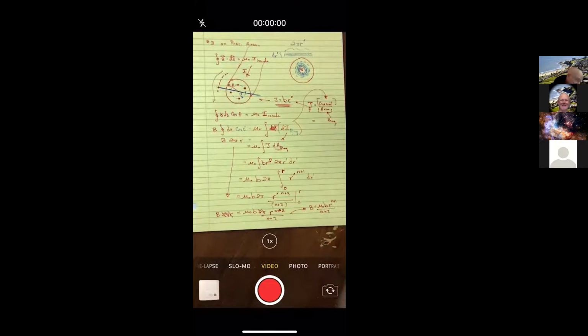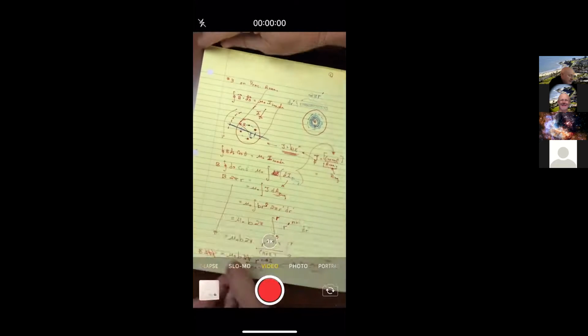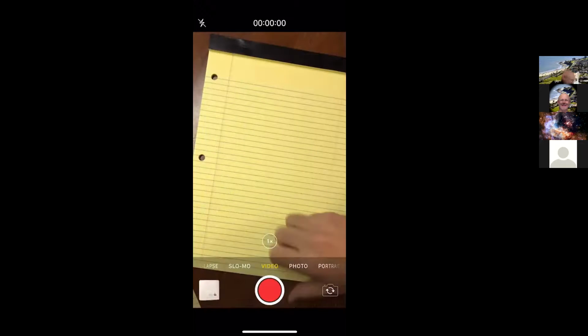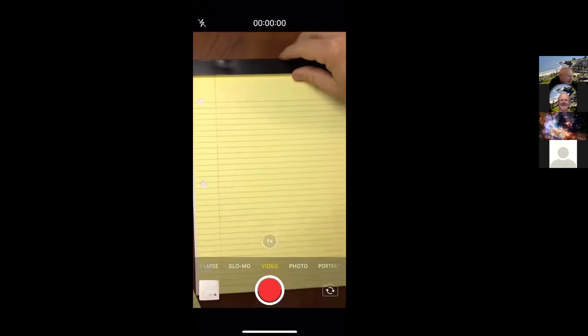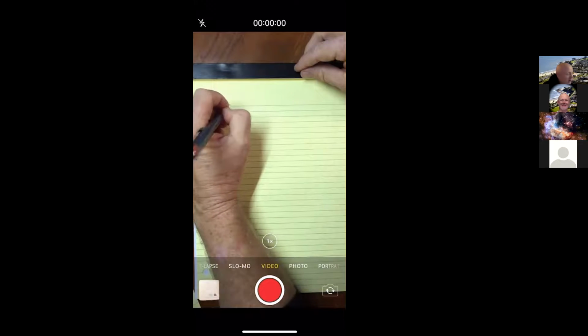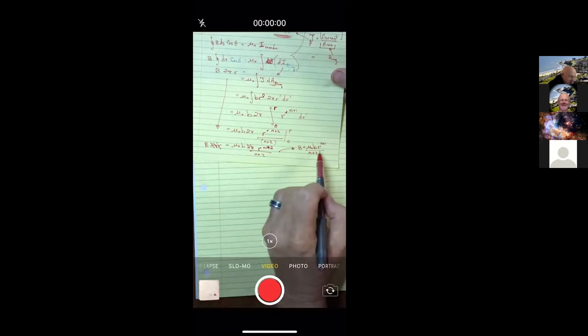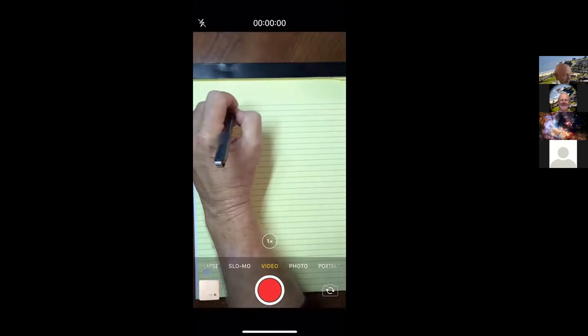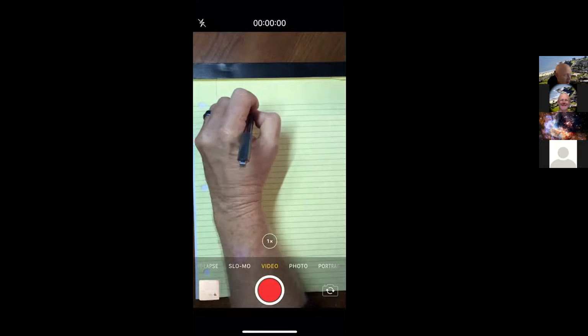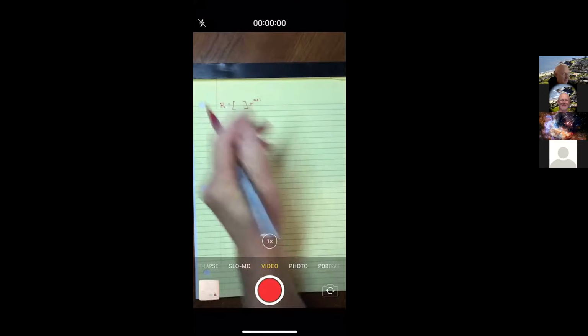And here's the math part of this. This problem said, when would it equal a constant? And so I have B equals a bunch of numbers, r to the n plus 1.